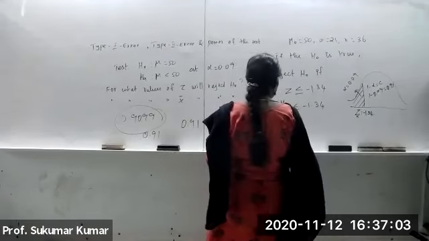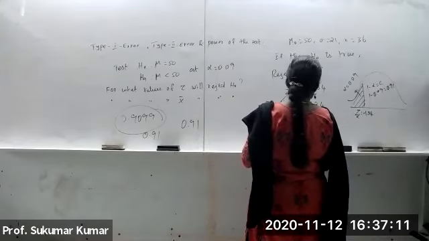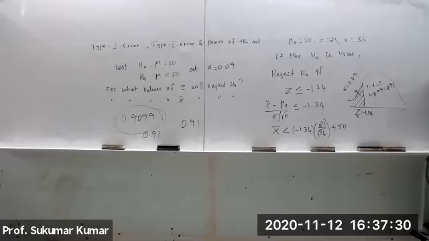From this you find the x bar value because we know mu naught, sigma and n. X bar is less than or equal to 45.31.